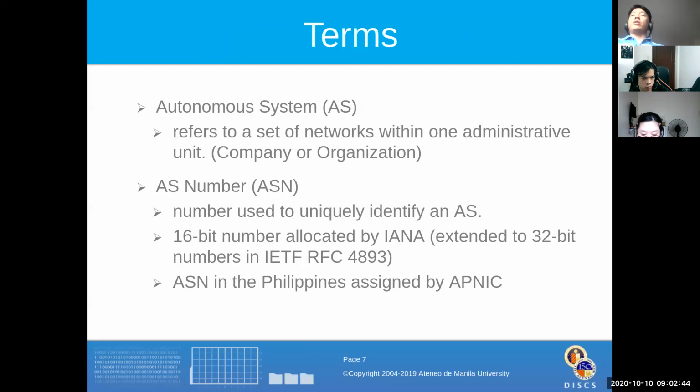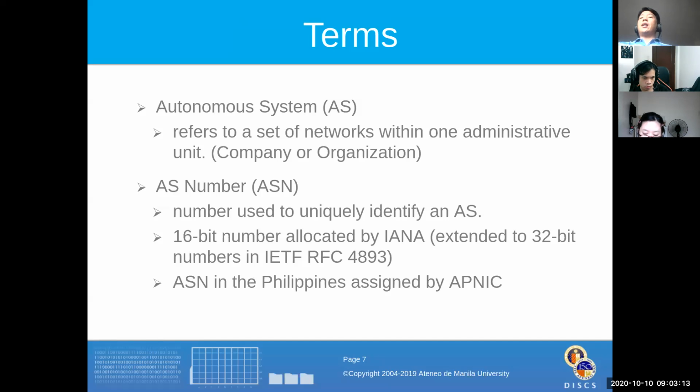So interior routing protocols, before we talk about interior routing protocols, let's just get a few terms out of the way. If you are under one administrative control or one administrative unit, you are called, in networking speak, part of what we call an autonomous system or an AS, right? So Ateneo de Manila University is part of an autonomous system, and the Ateneo de Manila University has an autonomous system number that is unique in the entire world.